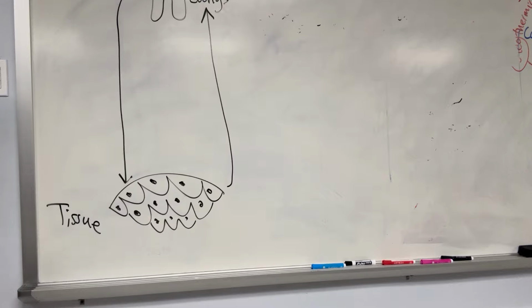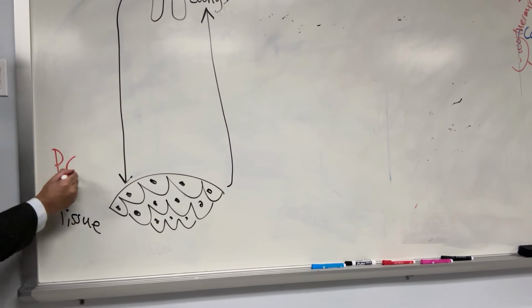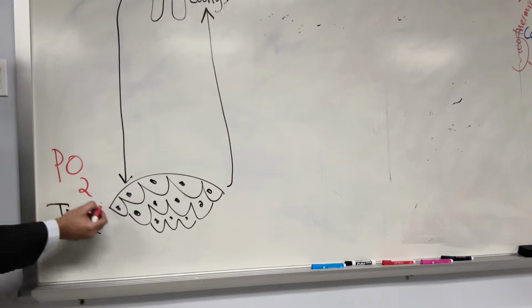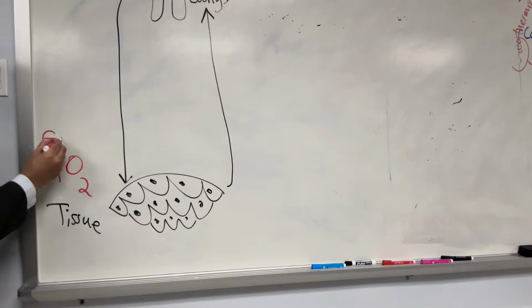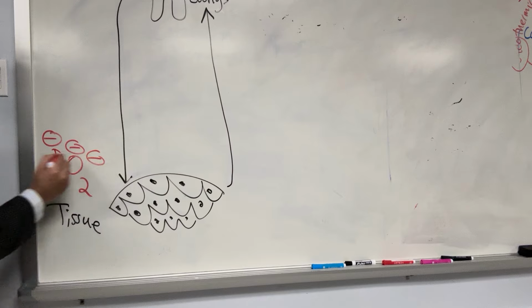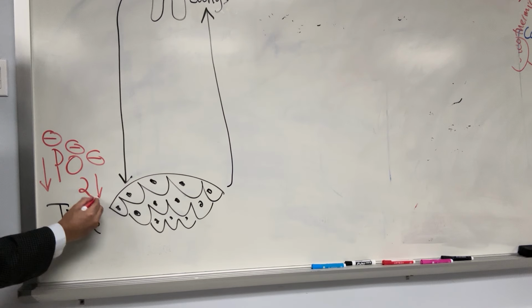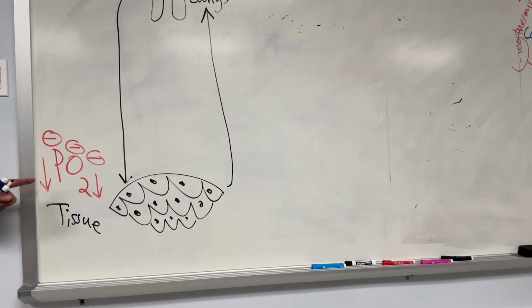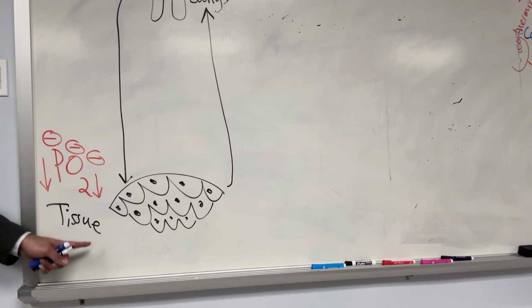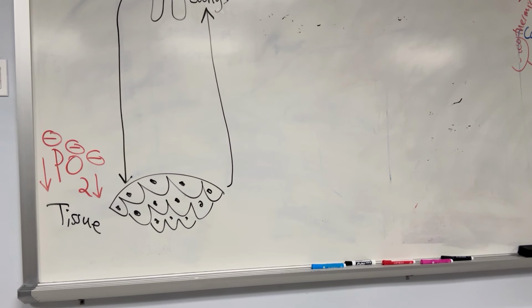No. So the partial pressure of oxygen, PO2, in the tissue is going to be very low. The partial pressure of oxygen in the tissue compartment is very low, and in the lung compartment it is very high.